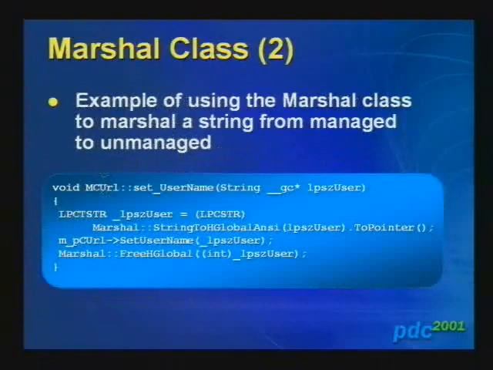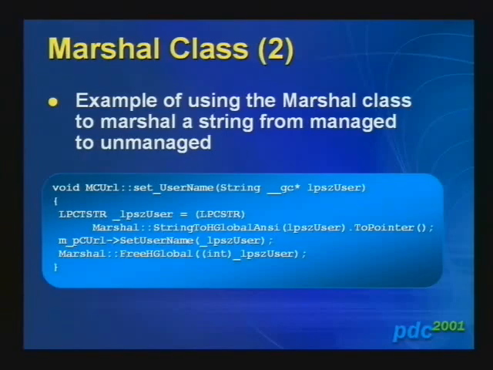This is one of the single examples on how to use this, where you see both of them illustrated, which is from the URL wrapper code that was in the demo a couple minutes ago. What we see here is the function StringToHGlobalAnsi called on a System String. What this function does is create a new HGlobal, so a new global memory block, and marshal and copy the bytes over there.